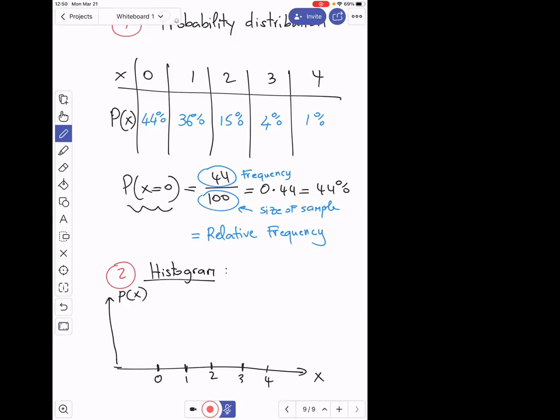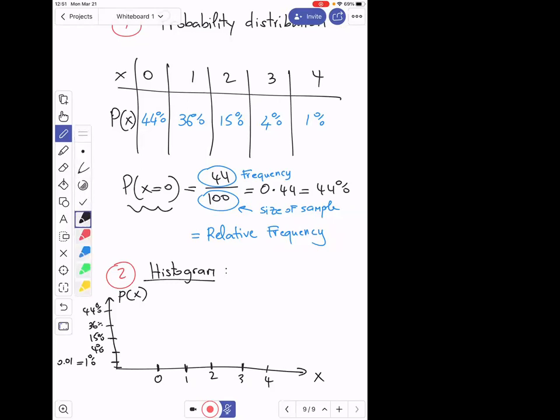And so we have these values of probability of X. The smallest one is 1%, which is, of course, 0.01 if you want to use decimals. Then we have 4%, 4%. Then there's 15%. Then we have 36%. And then we have 44%.